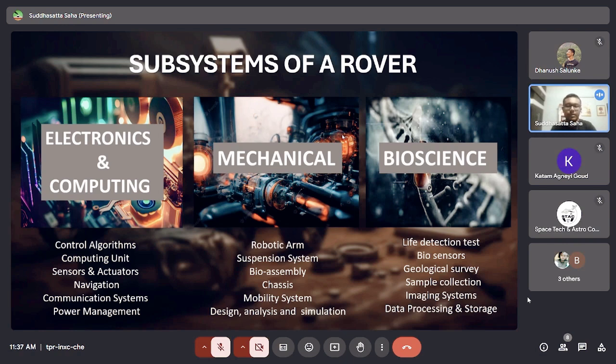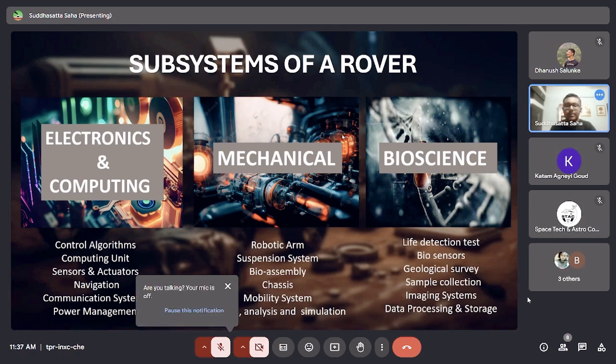So anyway, without diverging much, one of the main components, or fields, in rover construction is the mechanical domain. This mechanical subsystem has other names as well. Sometimes it is also referred to as the mechatronics subsystem, so basically electromechanical subsystems.